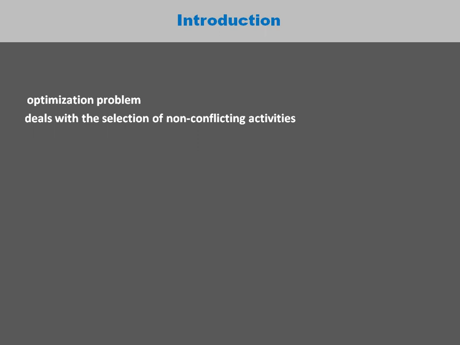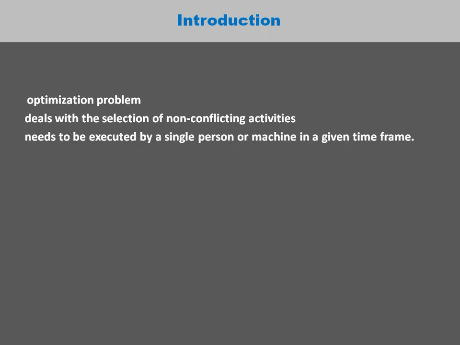These non-conflicting activities need to be executed by a single person or single machine in a given time frame. Every activity is marked by a start time and a finish time. To find the solution for this optimization problem, we use the greedy method.